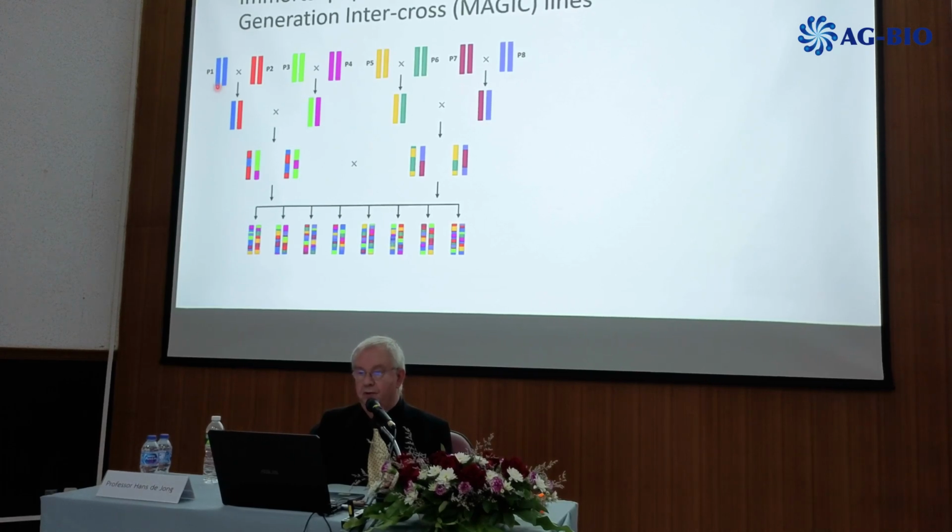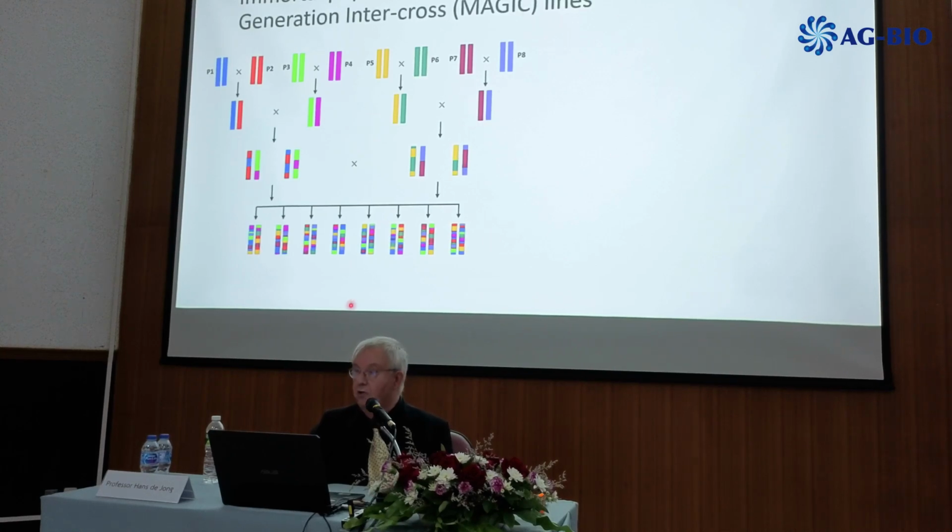So what you do in that case is start with 8 genetically very different parents. You cross 1 with 2, 3 and 4, 5 and 6, and 7 and 8, all heterozygous. So you have 4 very different heterozygous plants. These are crossed again and again, so in the end you get a multi-parent line.